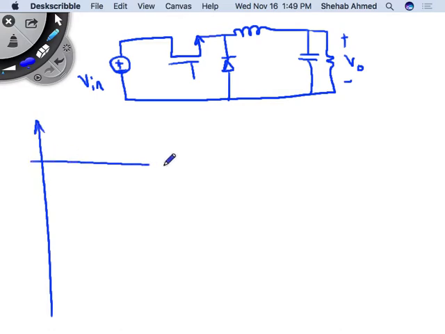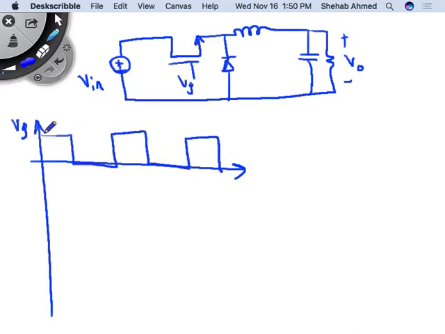Okay? Let me draw the gate voltage. So V gate will be the control signal here. The gate voltage will be something that looks like this, right? So this is the switch gate waveform. Switch on, switch off, switch on, switch off, right? And then I want to draw the diode voltage.